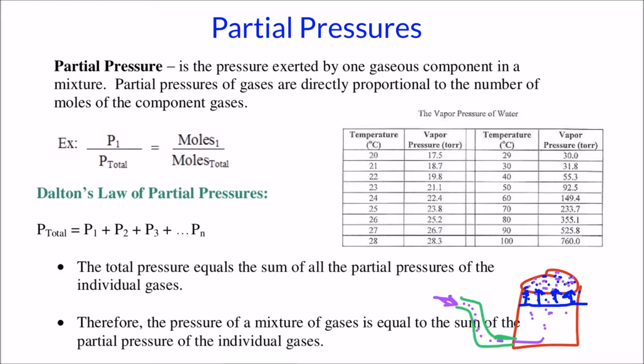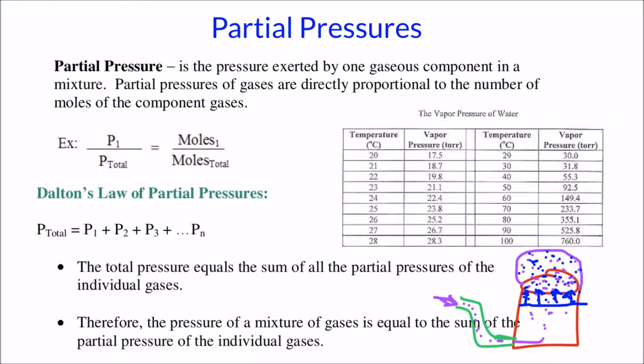So that means that up here above the surface of the water, and let's say that this is domed off, it's encapsulated so that they can't get out, you have little water molecules in gas form, and you have whatever this other gas is here. So you have two different things.